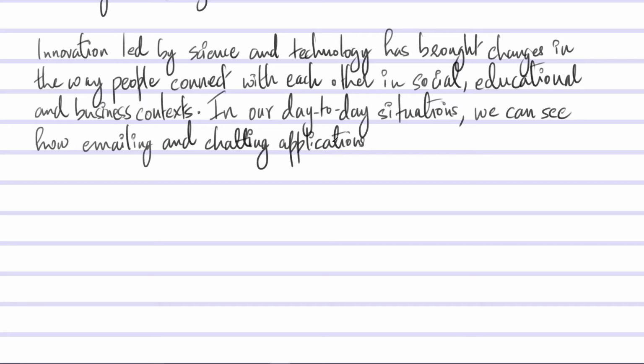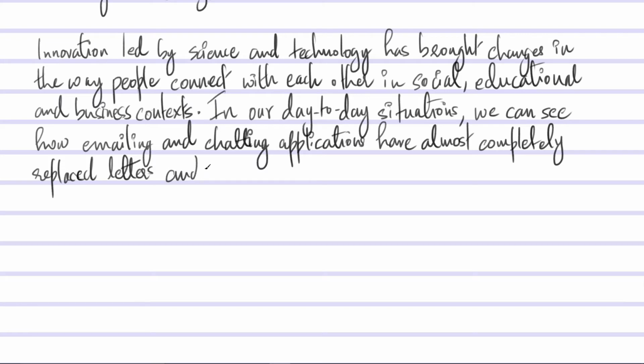The complete form is application. So emailing and chatting applications have almost completely replaced or substituted, both can go. Almost is important because still people post letters or postcards.